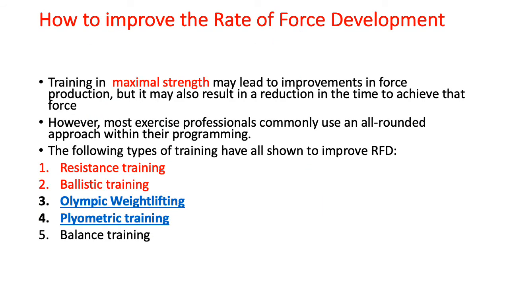Now, how to improve the rate of force development? Here we are talking about the workouts which you should follow so that you can develop this quality. First, training in the maximum strength area. In the last two lectures I have shown you the force velocity curve.